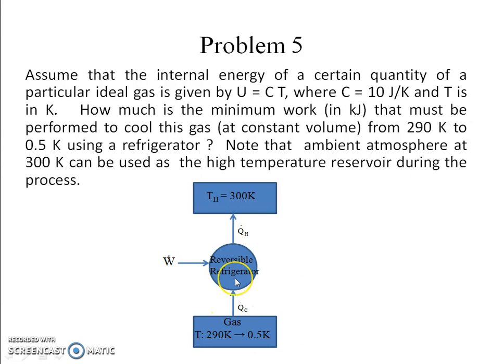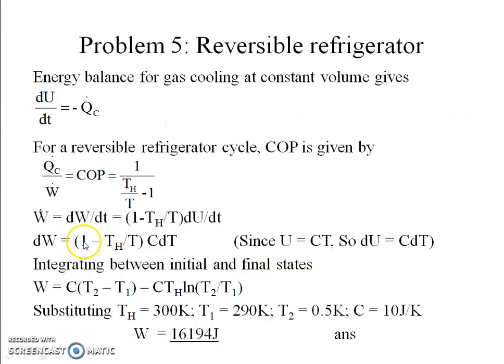Using a reversible refrigerator to do this, we have to do a certain amount of work, and the rate at which work is done is given by Ẇ. It then rejects the heat extracted from this gas to a high temperature thermal reservoir at 300 Kelvin. Okay, so let's see how to tackle this problem.